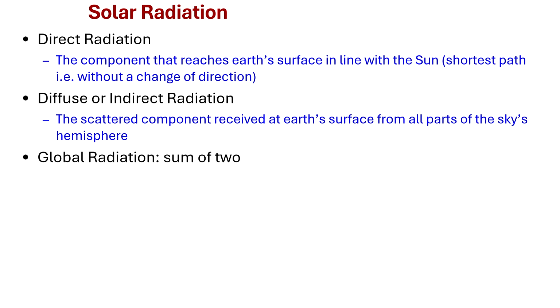Direct radiation is the component of radiation that reaches Earth's surface in line with the sun, that is the shortest path that is taken without a change of direction. So, if you have this as Earth and this as sun, let us say, and it is reaching at this point, this is the shortest path.